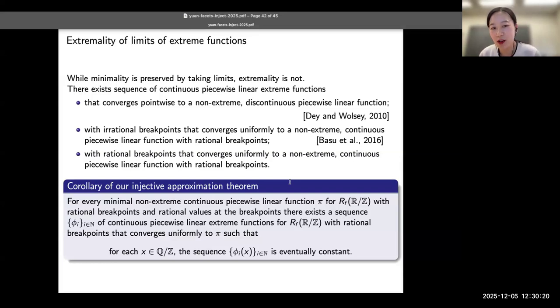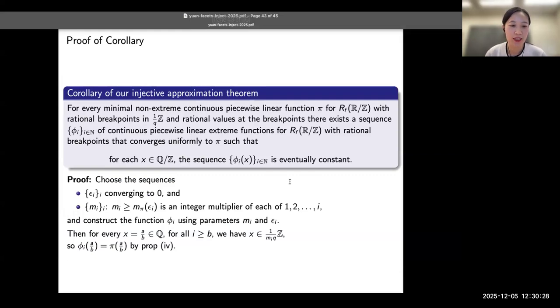And this is just a corollary of the injective approximation theorem, because eventually, on rational points, we can take a finer grid and make the newly constructed function phi agree with the original function on all rational points.